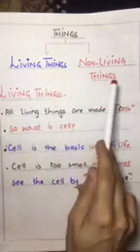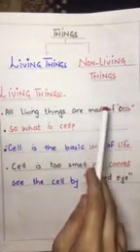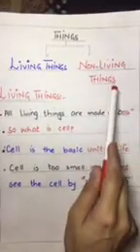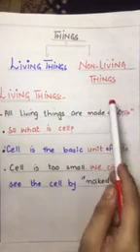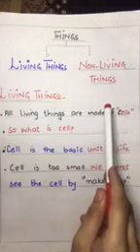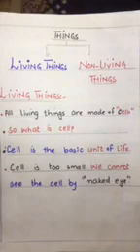These characteristics are not present in non-living things, but we are surrounded by an environment in which a lot of things are included in the non-living category. If we sit in a room, we have a lot of non-living things, like bed, chair, table, pen, book, door.